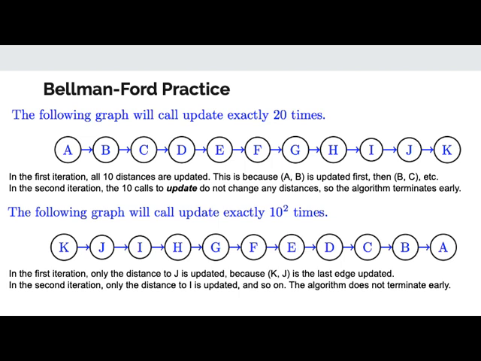However, when we hit I, because we already have the updated value from K to J, we know that the distance from K to I is just going to be the distance from K to J plus J to I. So this induction goes on, so that each time you'll have new information about one edge, and eventually it's going to take V minus 1 iterations until you get all the correct values for the shortest path. And that's essentially 10 iterations with 10 update calls in each iteration.